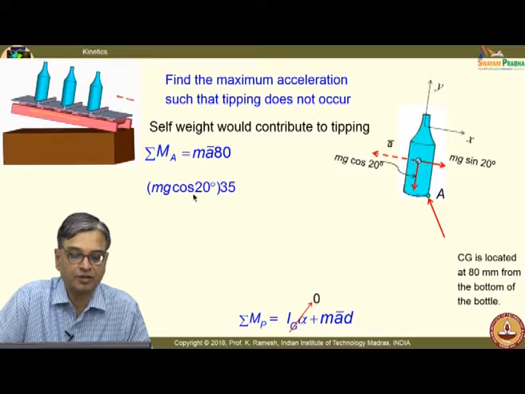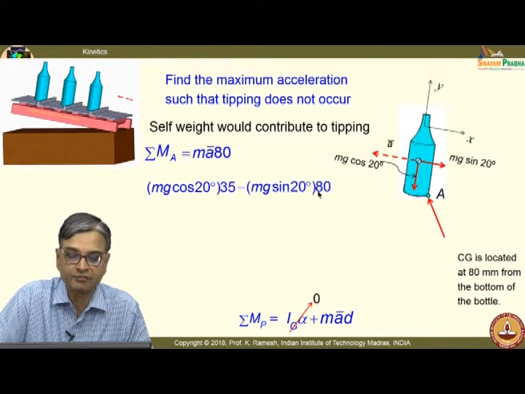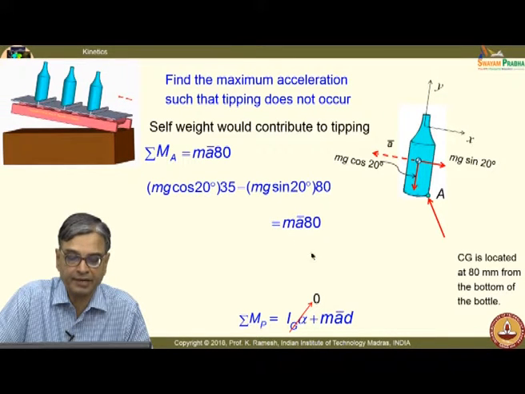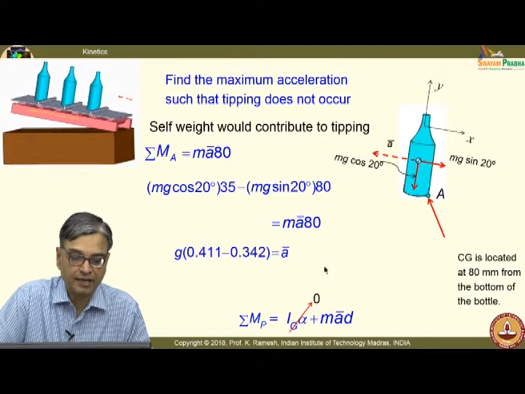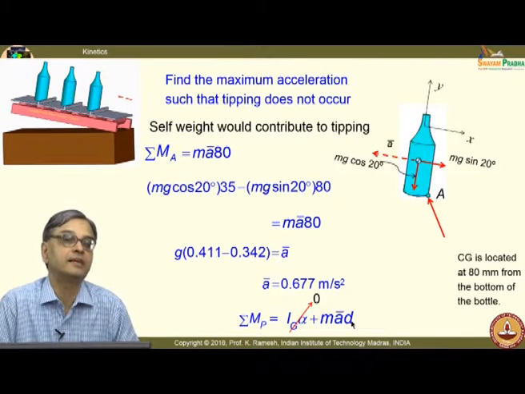I have mg cos 20 into 35, mg sin 20 into 80, that is equal to m a bar 80. So, that gives me the limiting value of acceleration as 0.67 meters per second square.